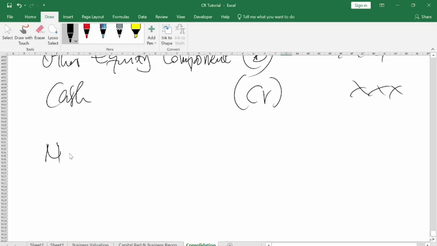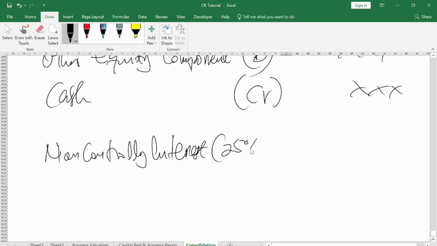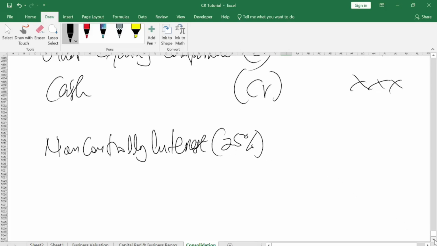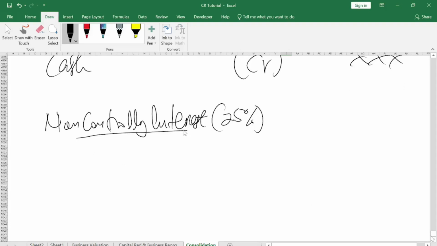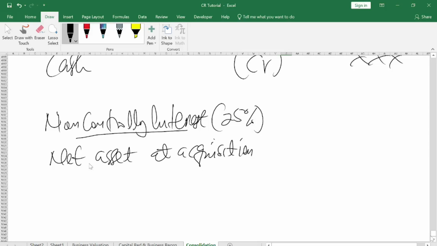The non-controlling interest was 25% during the acquisition, further acquisition. So under it, they said that the net asset at acquisition was how much? So it means what is the equity value? You understand? The equity value of non-controlling interest in the question was 32 million. You understand?